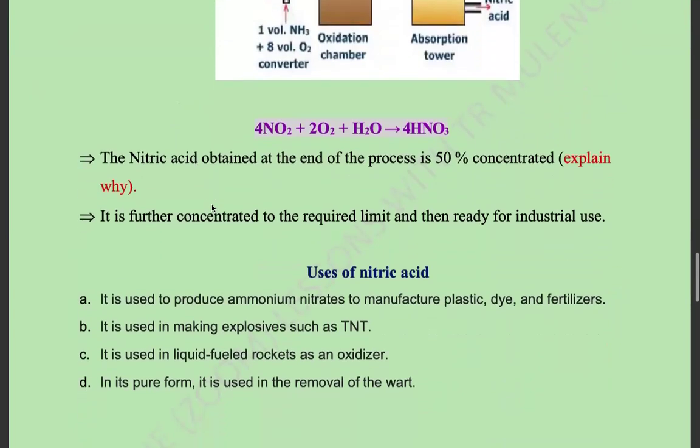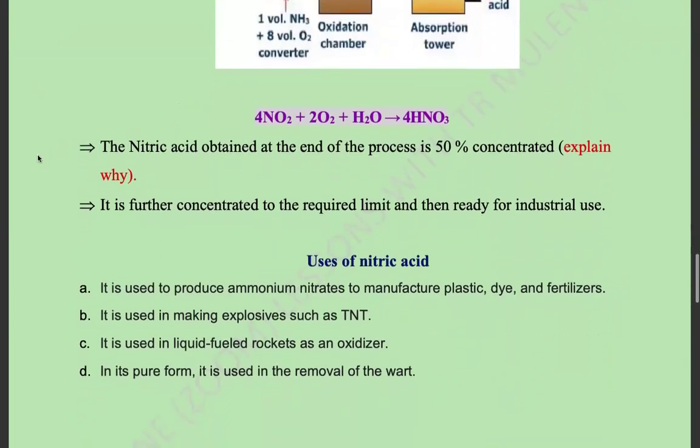So the uses. It's a little bit of what I talked about, that the nitric acid obtained at the end is only 50% concentrated, meaning 50% of the acid plus 50% of water.